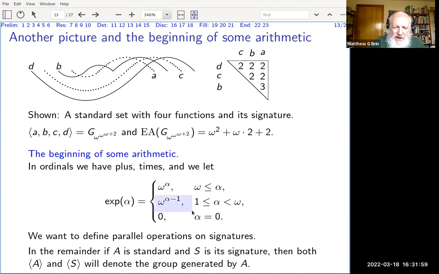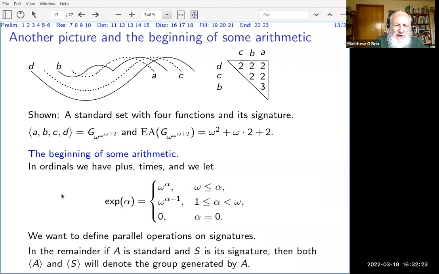Sorry, try again. Omega to the alpha minus 1 for a finite alpha. And EXP of 0 is 0. And based on this and operations in the next slide, we'll start imitating some of the operations on the ordinals.